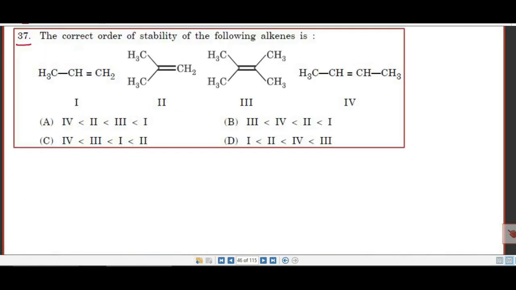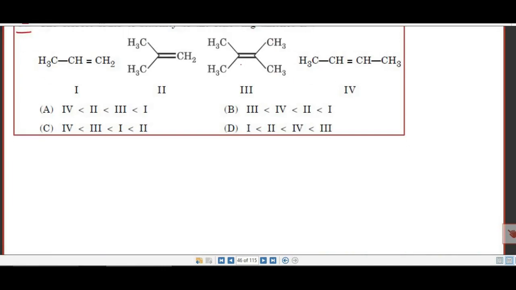Question number 37. Correct order of stability of the following alkenes is. In this alkene, this carbon is a secondary carbon, hence it is more stable, and then it's a primary carbon having a plus I effect.